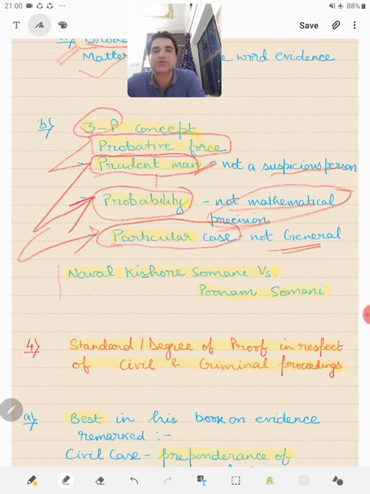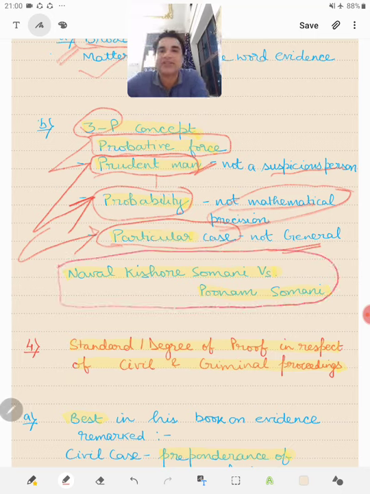Now, this was laid down in the famous case of Naval Kishore Somani versus Poonam Somani. What is required is not the mathematical precision to prove or disprove a fact, but what a prudent man under the particular case would probably think of it.